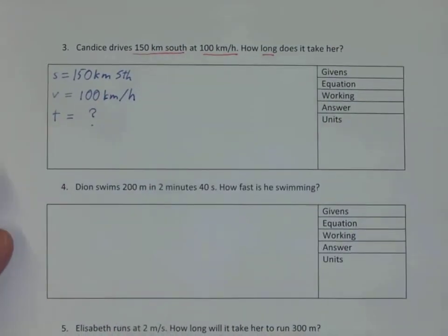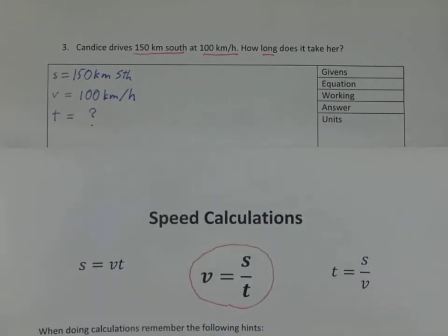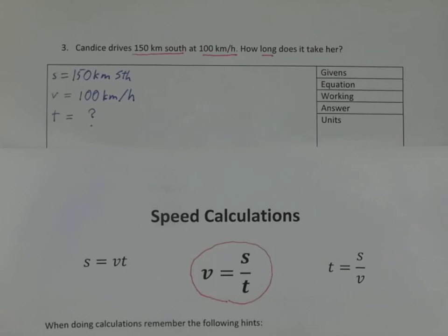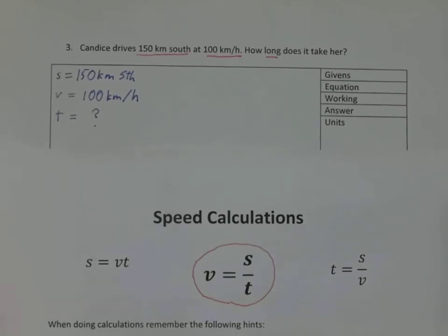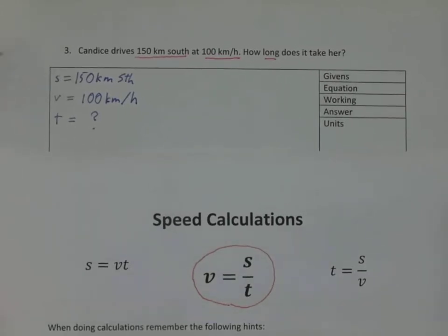There's our question. So now we have to choose an equation. We're using the speed equation. The reason why we know that this is a speed equation question is because there is no acceleration in the question. But we have to ask ourselves, which one of the equations is the best one for us to use? Now, because we've listed our givens, we can see we've got the distance travelled, displacement. We've got the speed, but we don't have the time. We want to find the time.